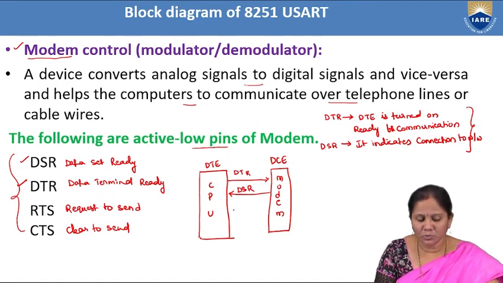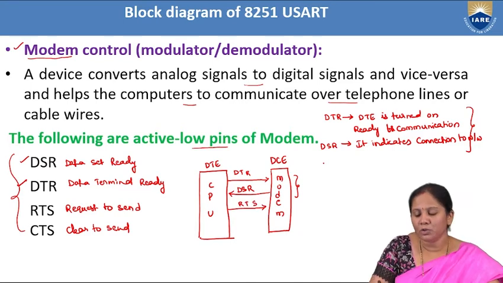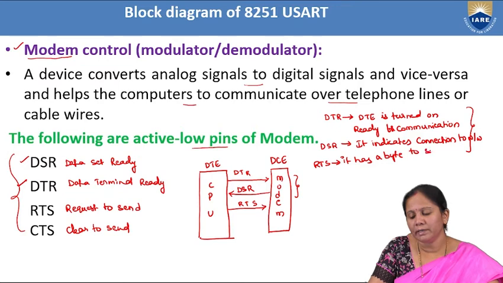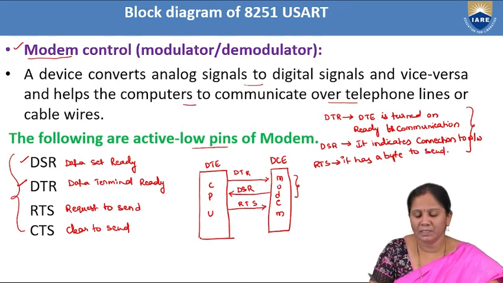These two are one pair of handshaking signals. After this DSR has been received by the CPU, it sends a signal called request to send. This RTS signal indicates that it has a byte to send, that means the CPU has information to send to the modem.